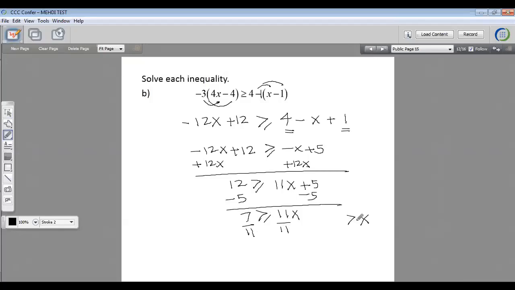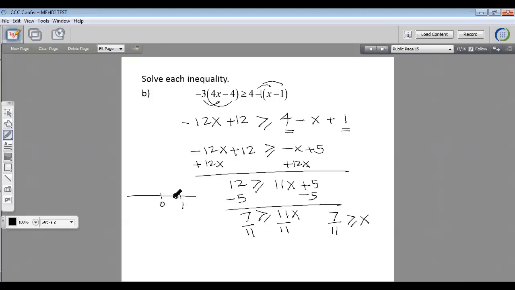x is less than or equal to 7/11. So if I want to write this in interval notation, this is 0. Okay, so approximately 7 divided by 11 would be about 0.6. This is 1, 0.6 somewhere around here.